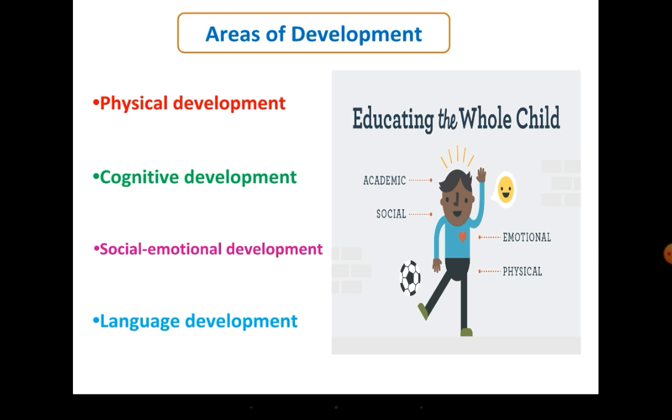As children play in a group, it helps to develop their socio-emotional area. Language development also happens through play. Why? Because they will share things with each other either orally or they will ask a question and try to answer that question, and such play activities will develop the language of the children.